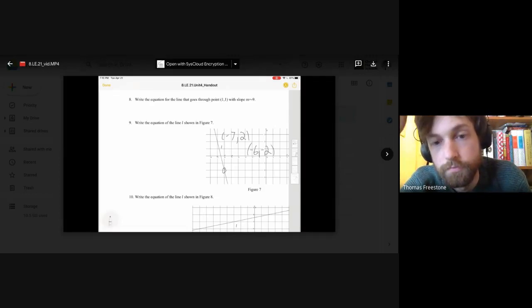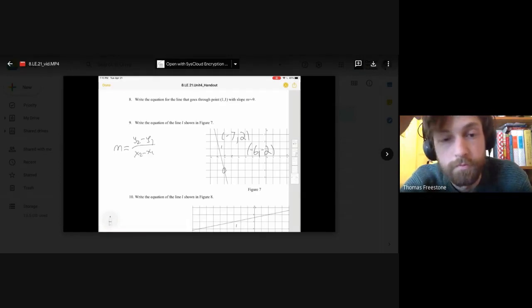Well, from those 2 points, I can actually calculate a slope. All you need is any 2 points. So if I wanted to calculate the slope, I would use my slope formula. M equals y2 minus y1 over x2 minus x1. And this equation will let me calculate the slope.